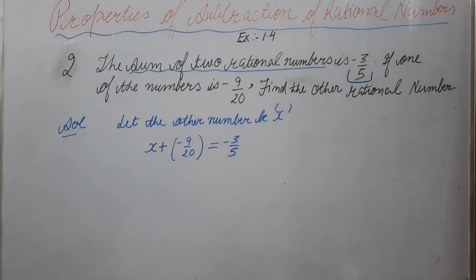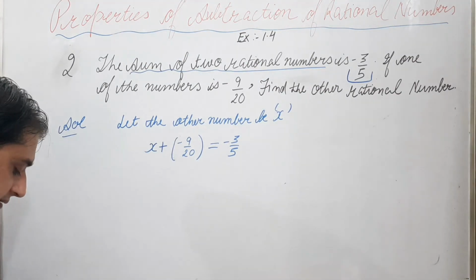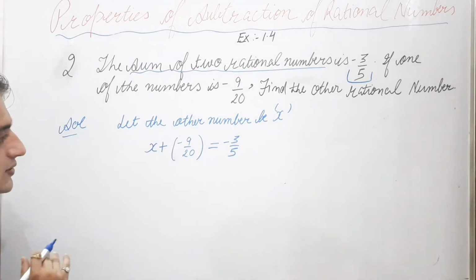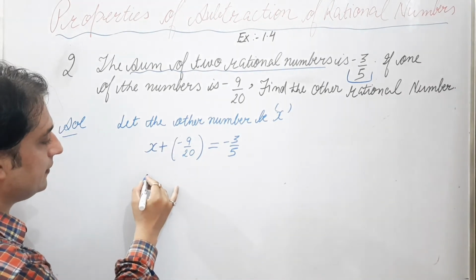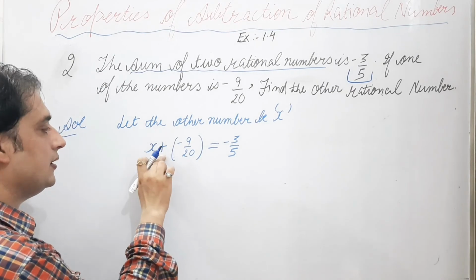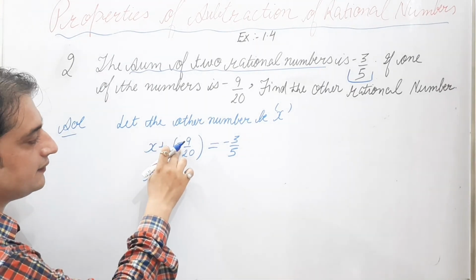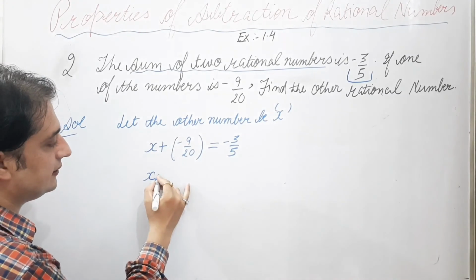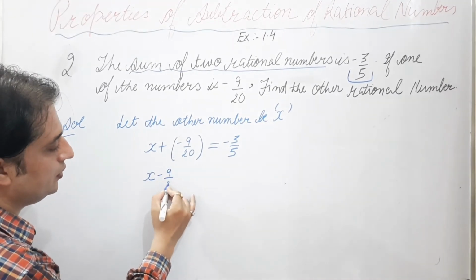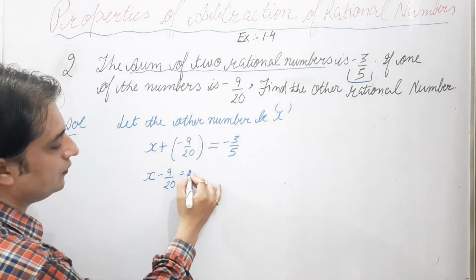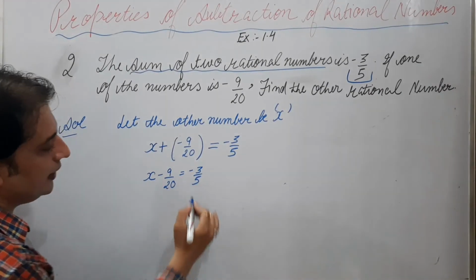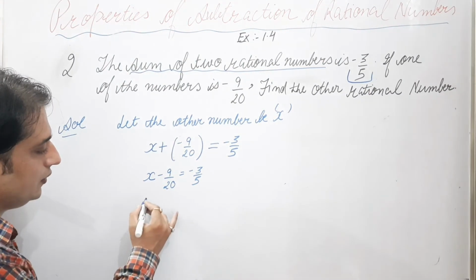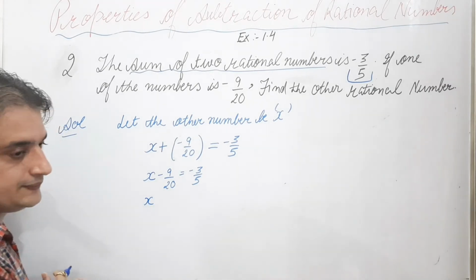So you have to find the value of this rational number x. How will we solve this? Firstly, solve the bracket. Here the sign is plus, here the sign is negative. So plus minus, the net result is subtraction: x minus 9/20 is equal to minus 3/5.